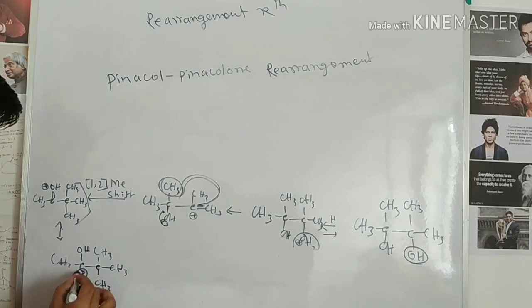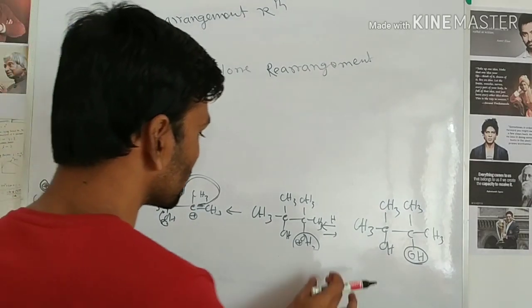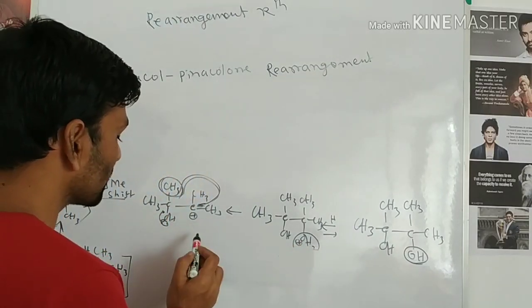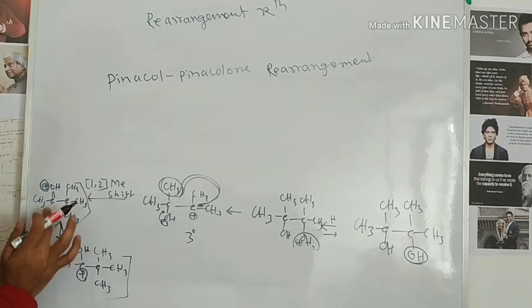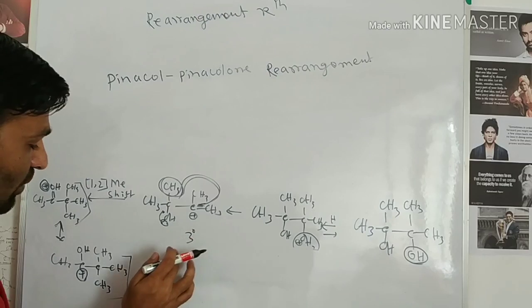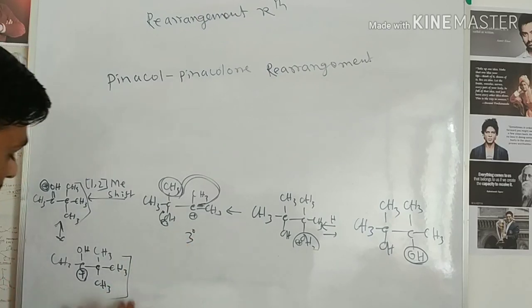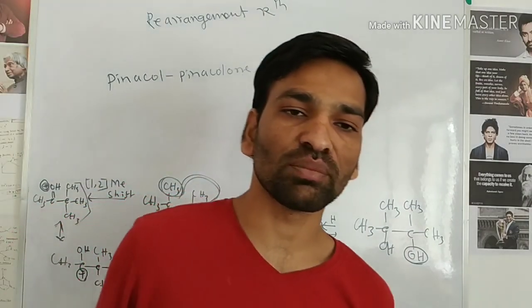This carbocation and this cation are the two resonating structures. This resonating structure carbocation is much more stable than this tertiary carbocation. This is the 3-degree carbocation, and this is the resonance stabilized carbocation. This oxygen is resonating with the cation here. So this resonating carbocation formation is the driving force of the rearrangement reaction.